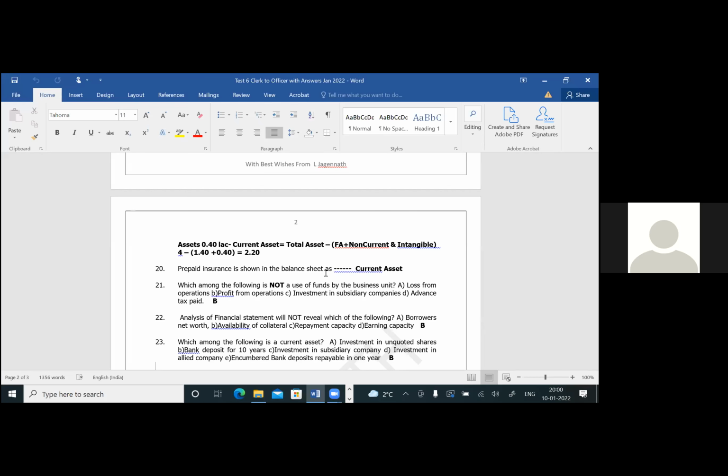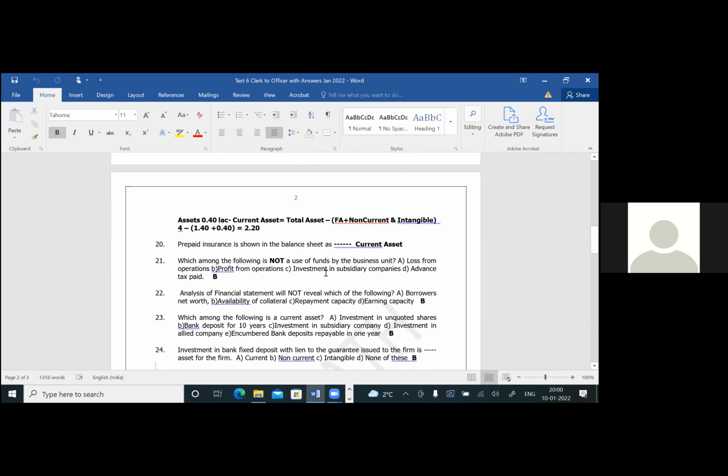They will give you the refund for the balance 10 months. 2 months are already over. You can take fresh insurance from some other company. It is a prepaid expense. Prepaid expenses are current assets. Question number 20, answer is current asset.